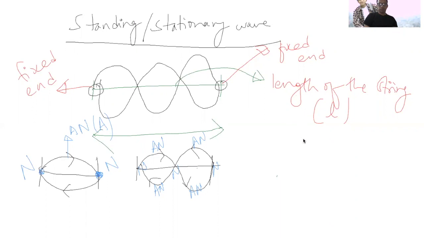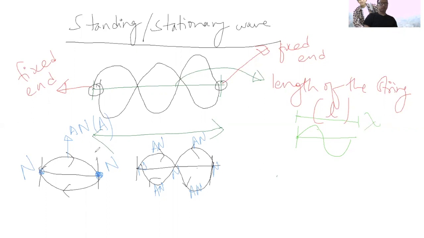In the previous video, in the case of the traveling wave, I drew a wave like this, right? So this is the starting point. The wave starts, and I'm taking just one crest and the trough. So this is going to be the wavelength according to our definition in the beginning part, right?